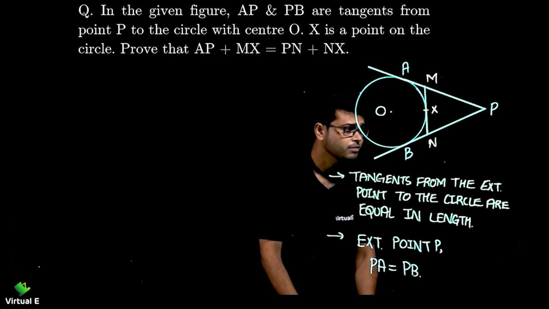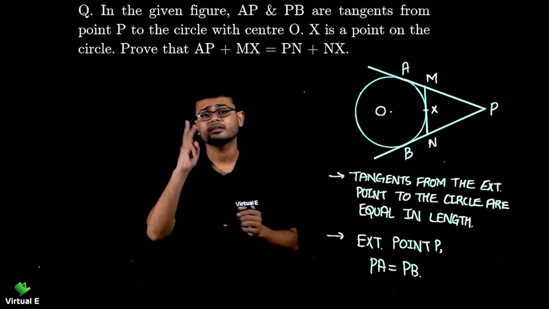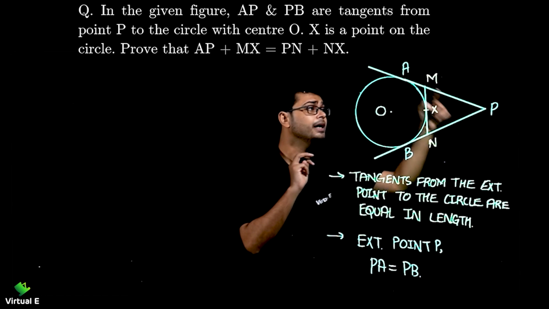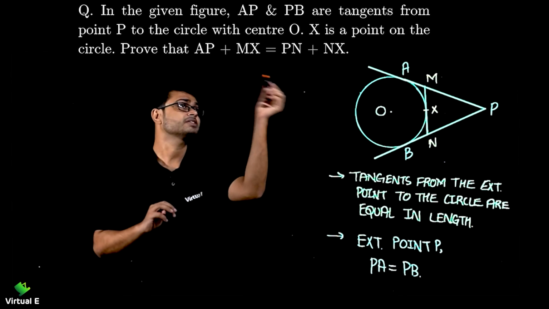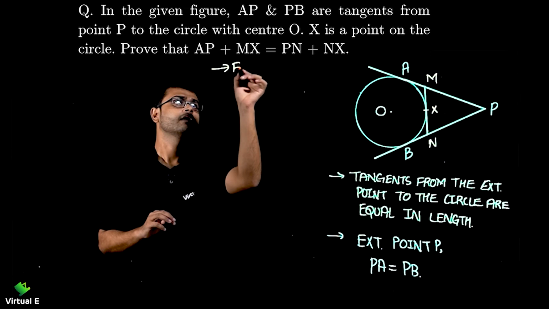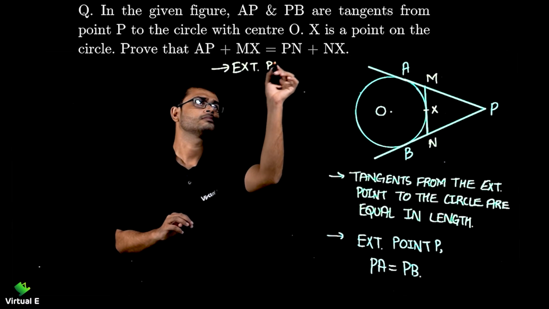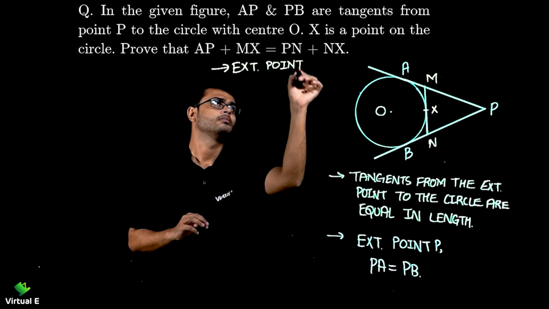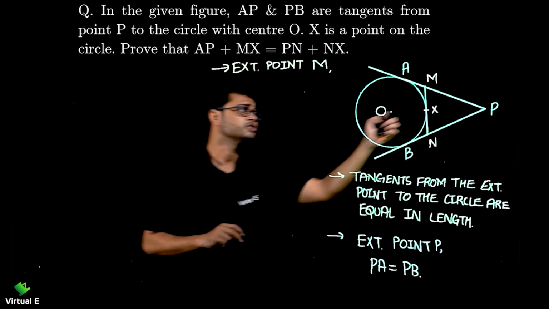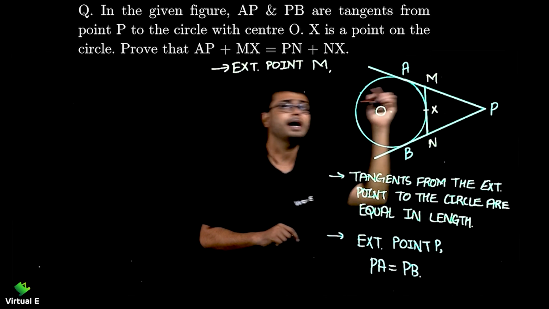Now let's talk about the second external point. I told you there are three external points, which are P, M, N. Let's write for external point M. I can write MA is equal to MX.